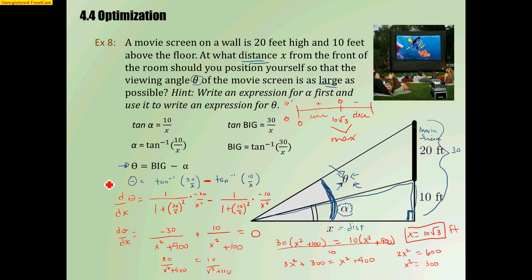So I take theta back to this equation, and I get inverse tangent of 30 over 10 root 3, which shockingly reduces to 3 over root 3, minus inverse tangent of 1 over root 3.